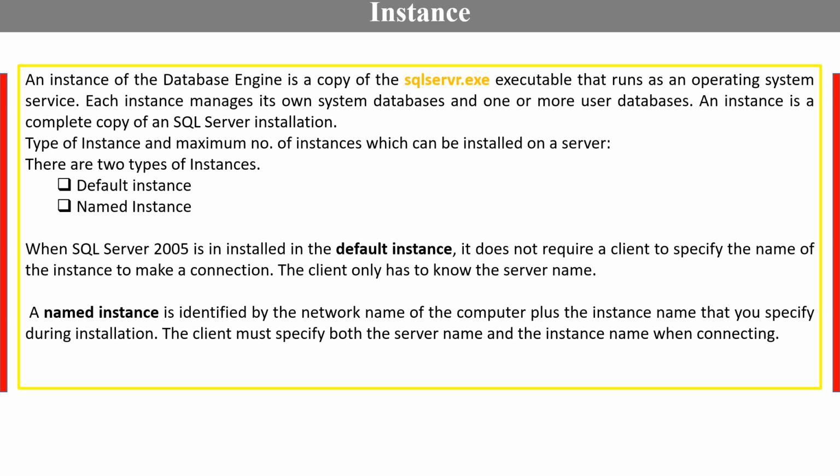If it is a default or named instance, it will run as sqlservr.exe in the taskbar, right? So if we want to stop only one SQL Server, how do we identify which instance belongs to which exe? On what basis do we identify it? Process ID, Anita.